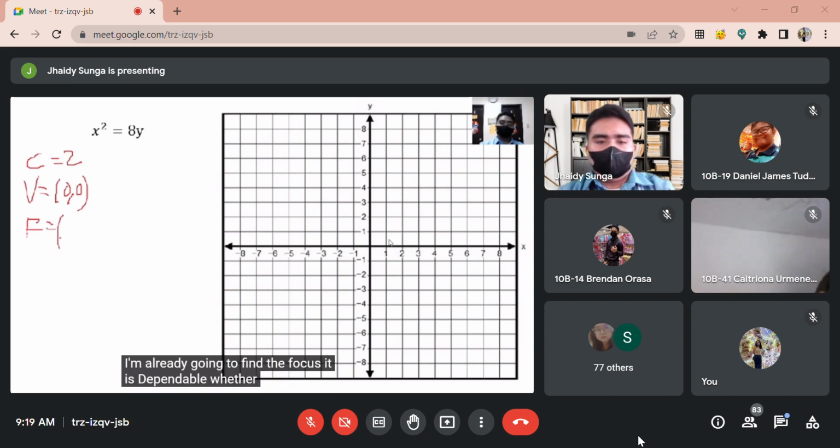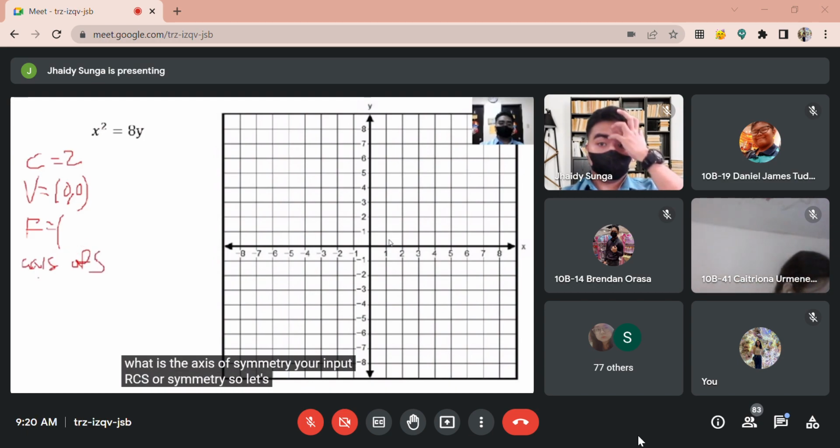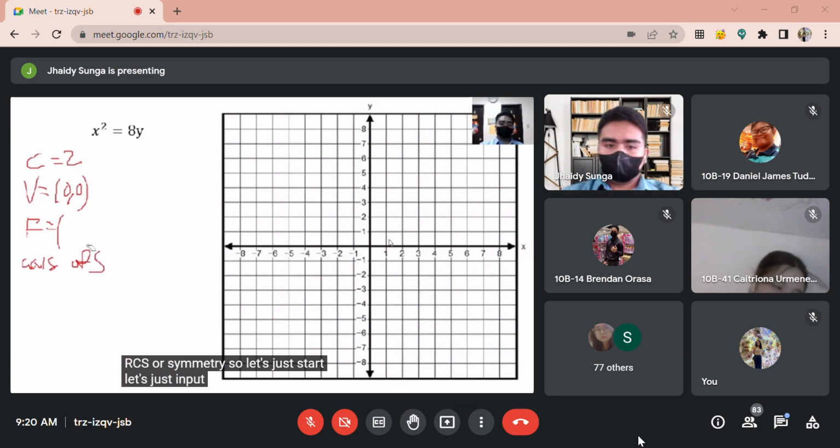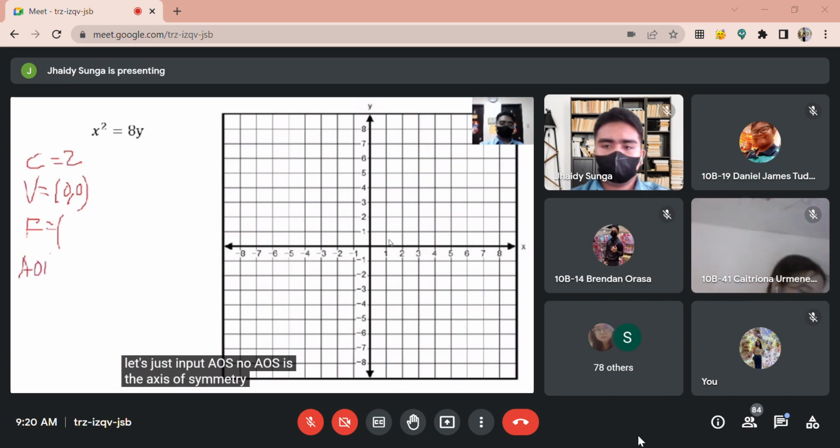It depends on the axis of symmetry of this parabola. What is the axis of symmetry? Axis of symmetry is y because you have the y variable in your x squared form.